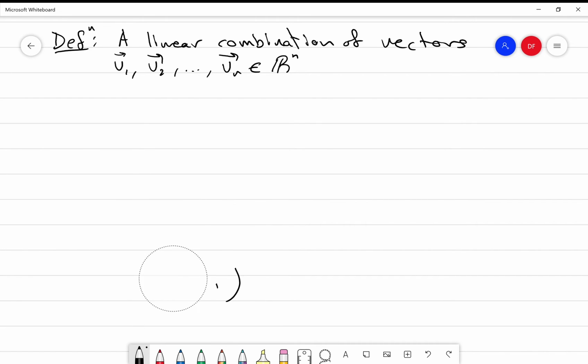Okay, so here's how we define a linear combination of vectors v sub 1 through v sub n.